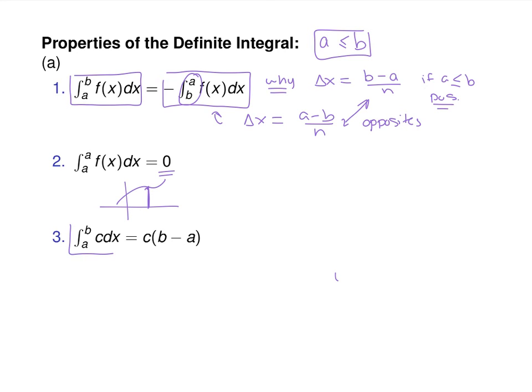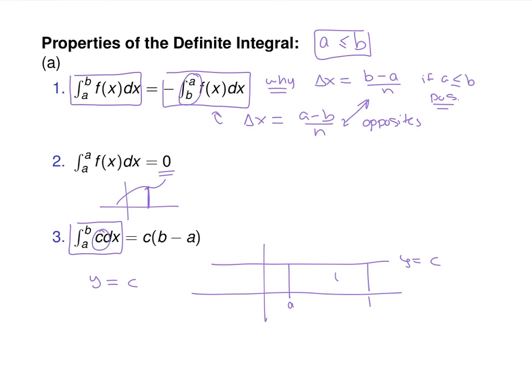This one seems sort of tricky, but it's actually quite easy to understand if you look at a picture. So c is the function y equals c, right? It's a horizontal line. We'll assume it's positive, but if it was negative, it'd be drawn below the x-axis. So suppose a is there and b is there.